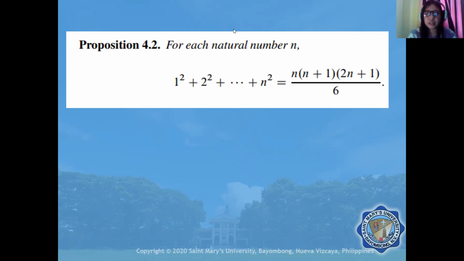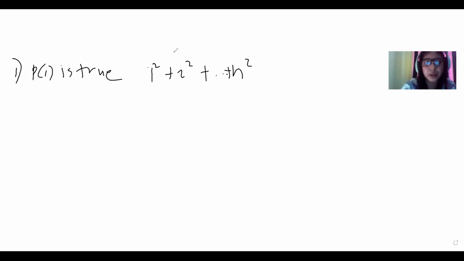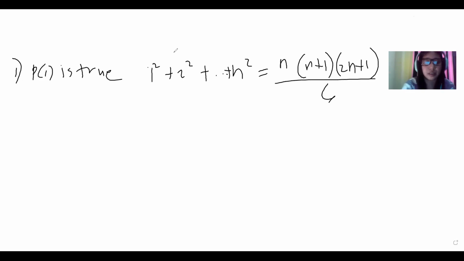Let us consider step number 1: show that P of 1 is true. We know that the given is 1 squared plus 2 squared until plus n squared is equal to n times n plus 1 times 2n plus 1 over 6.